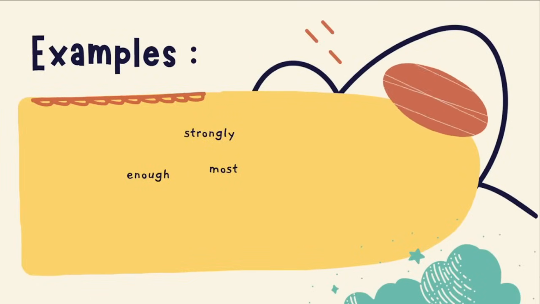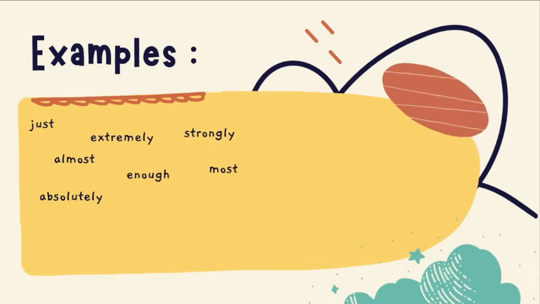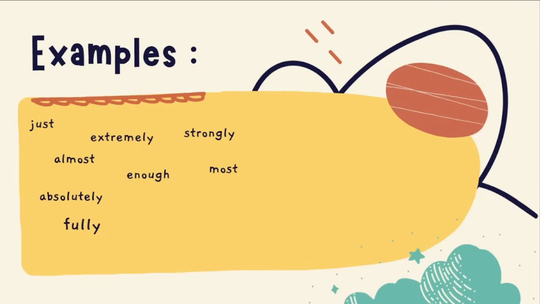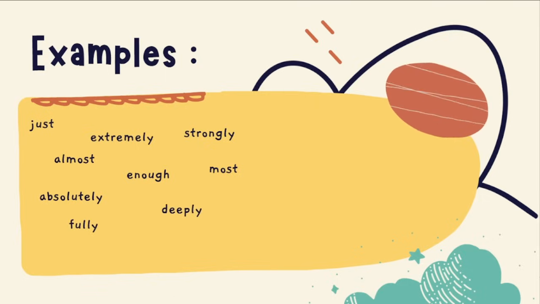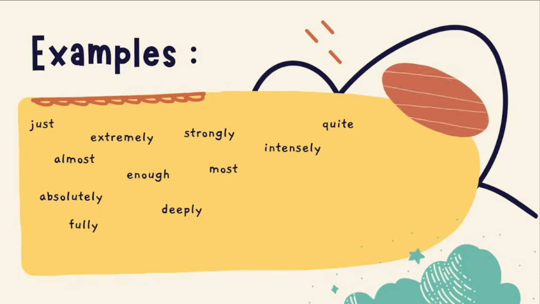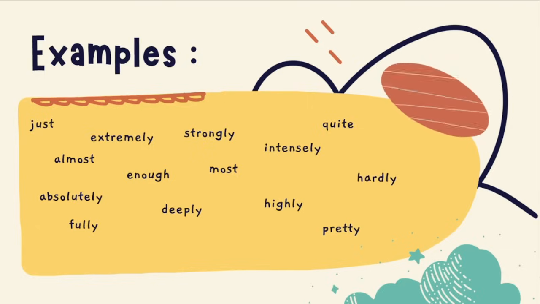So here are the examples of degree of adverbs. We have just, extremely, almost, absolutely, fully, enough. We also have strongly, the most, deeply, quite, intensely, highly, pretty, and hardly.